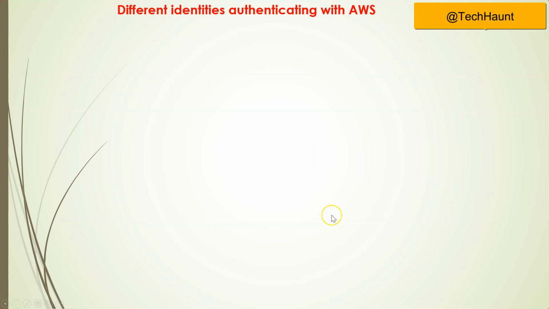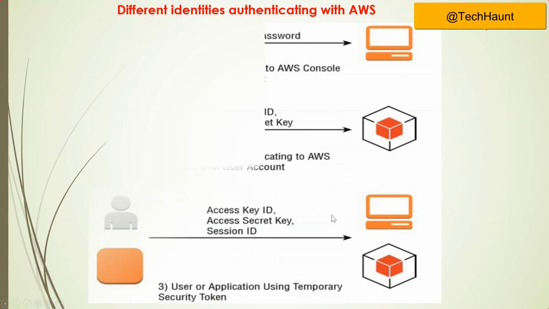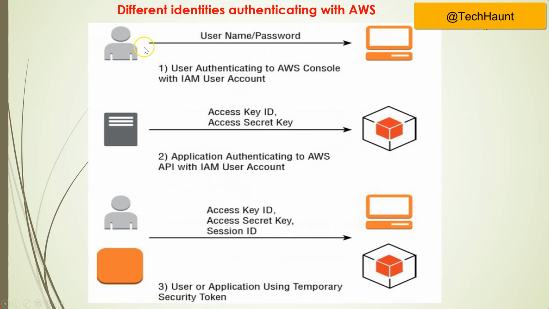So let's take a look at how this process goes. You can see first the username and password going to the system, then the user authenticating to the AWS console with an IAM user account. They put in the username and password, and then they are asked for the access key ID and secret access key. The application authenticates to AWS with the API, using the access key ID and secret access key, and then users or applications use the temporary security token.